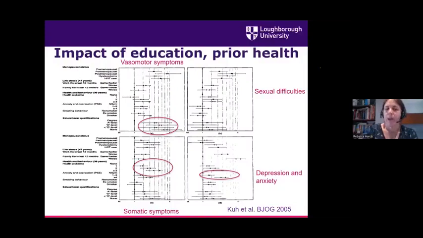Health problems reported prior to menopause were associated with a higher risk of these somatic, more physical symptoms, and prior anxiety and depression was associated with these psychological symptoms at menopause.